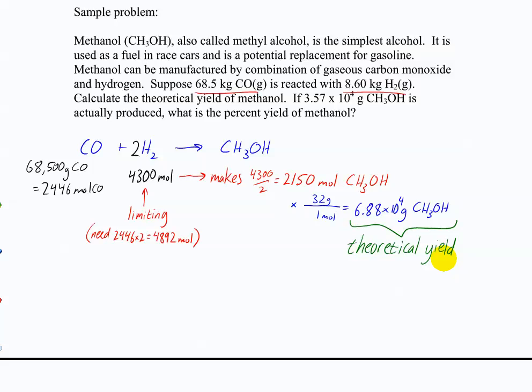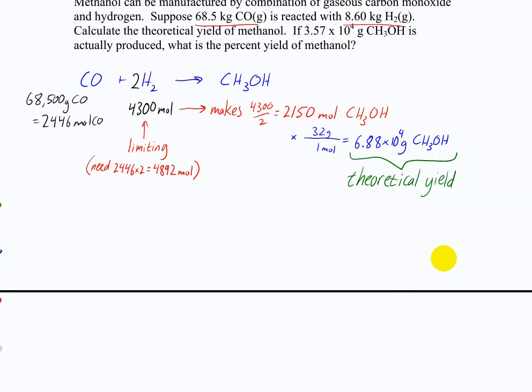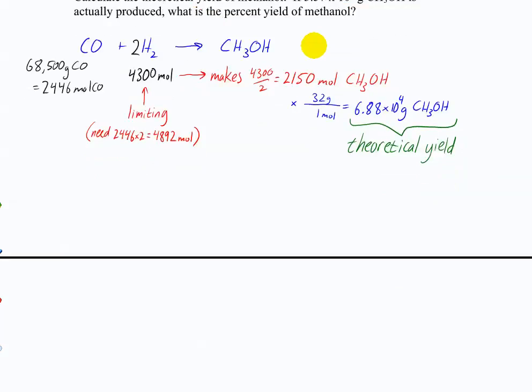Okay, then for the last part of the question, if this is the amount that's actually produced, what is our percent yield? So our percent yield is going to be the actual over the theoretical times 100%.